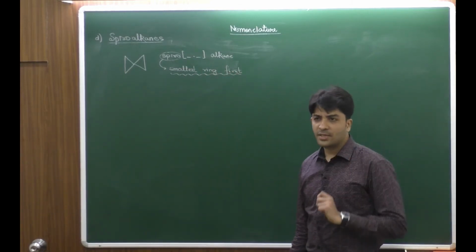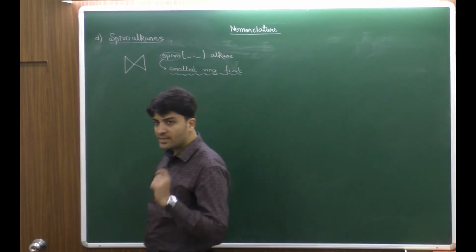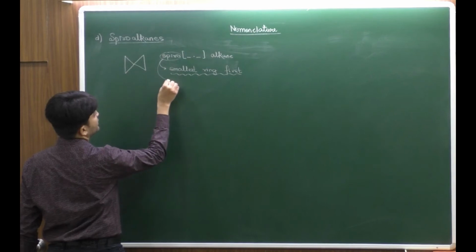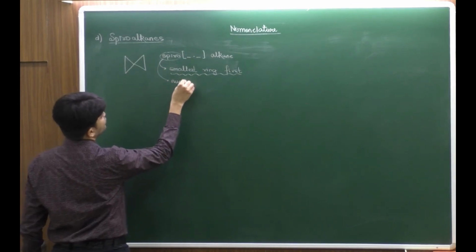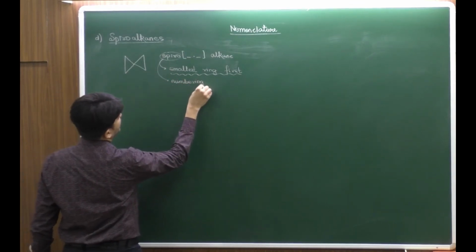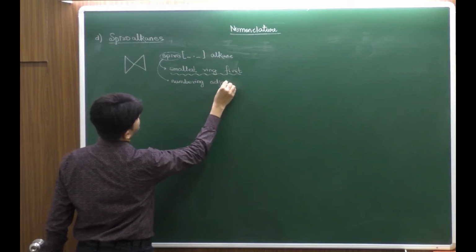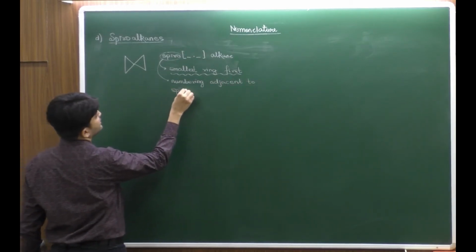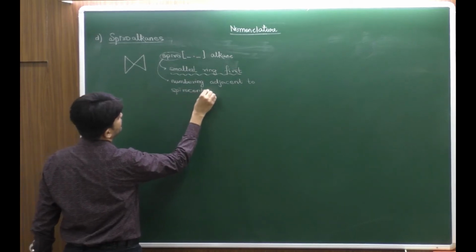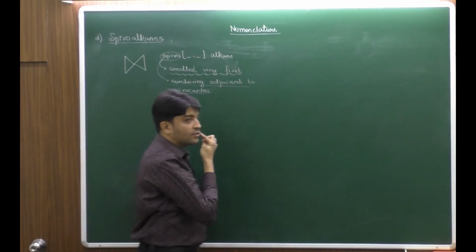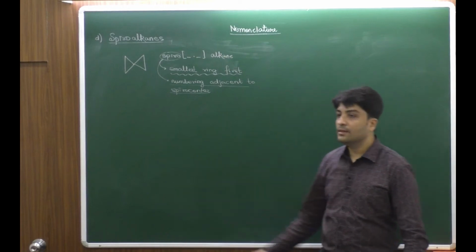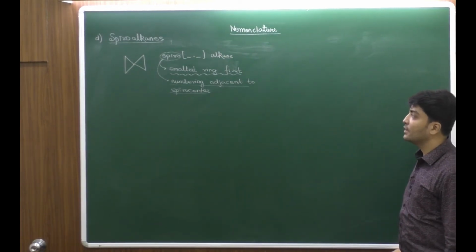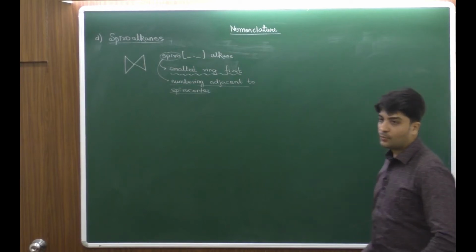So always remember 2 rules. For spiro, the smallest ring comes first, and second, which is very important, the numbering is to be done from the carbon adjacent to the spirocenter. Once again, consider the smallest ring first and the numbering is to be done starting from the carbon adjacent to the spirocenter.